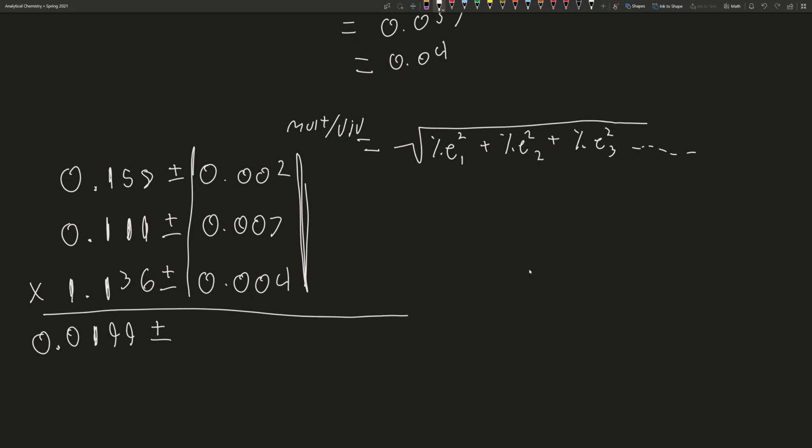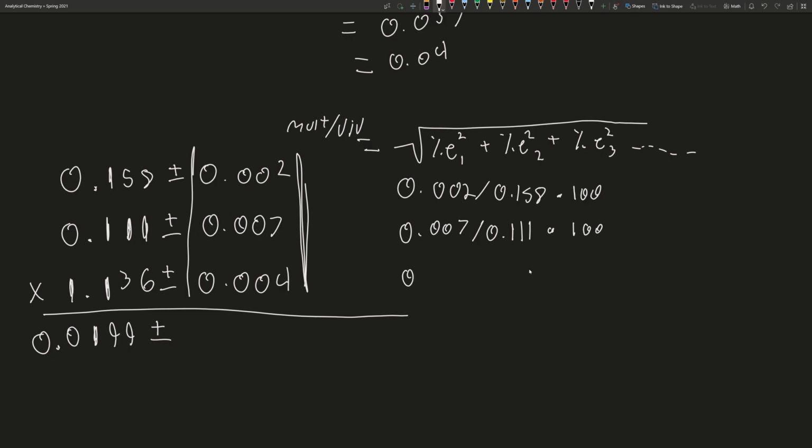First, we calculate all of the relative uncertainties for these values. So we do 0.002 divided by 0.158 multiplied by 100. And we do 0.007 divided by 0.111 multiplied by 100.